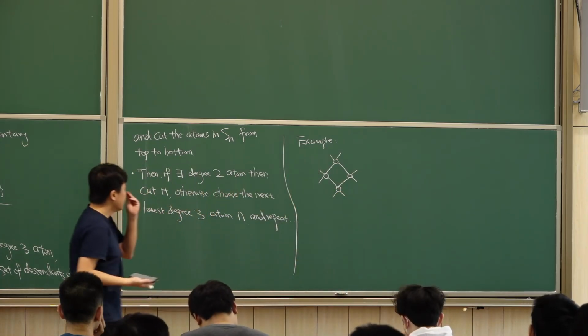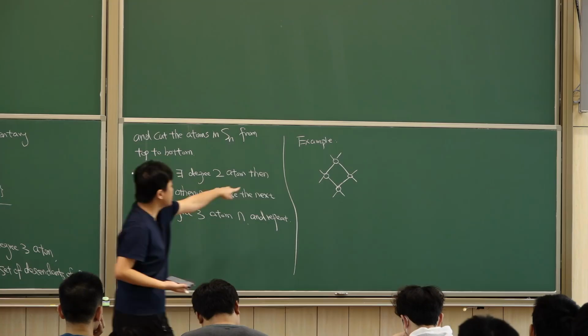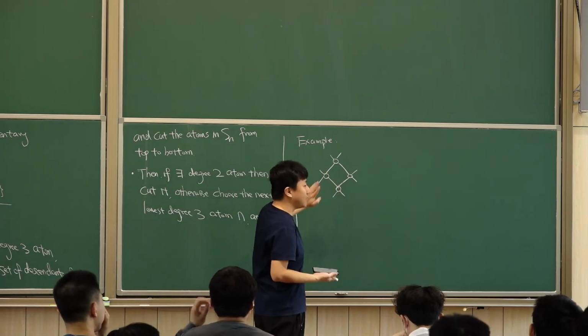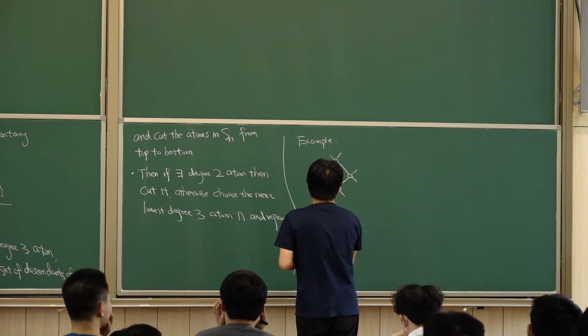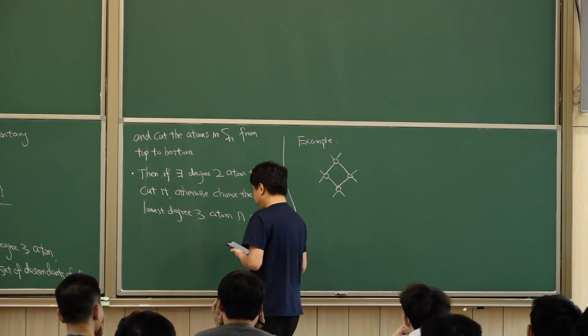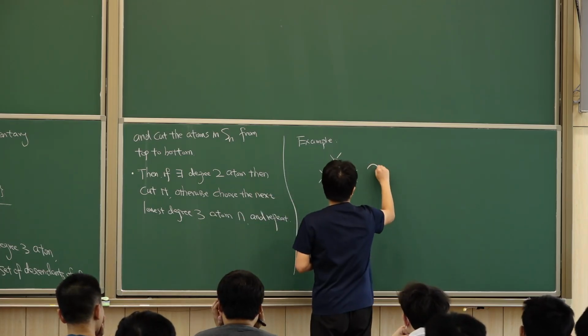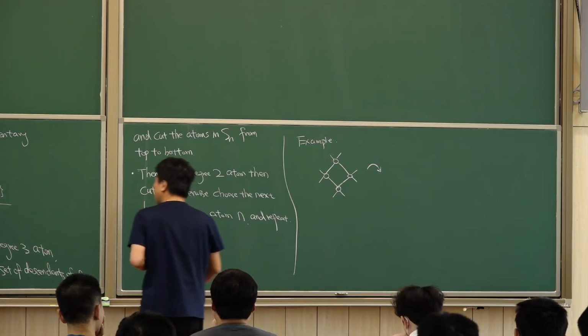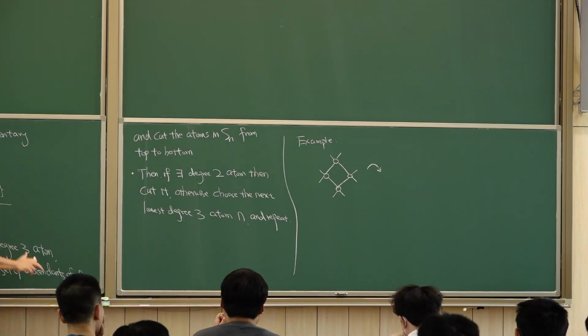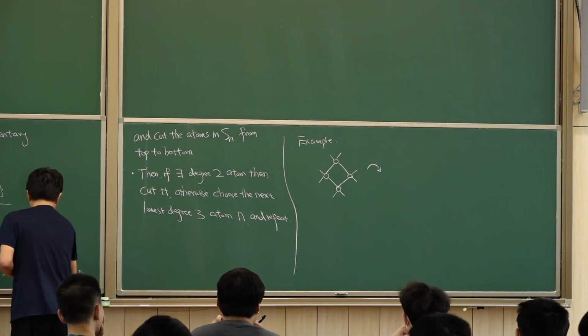Okay, so this is a molecule of 4 atoms, and it actually has a cycle. And basically what we do here is draw one by one. We start by choosing: in the beginning there is no degree 3, so we choose the lowest degree 4.